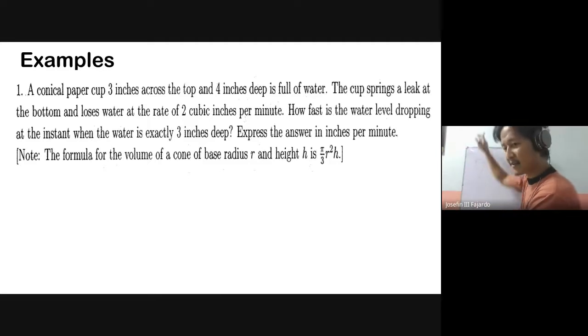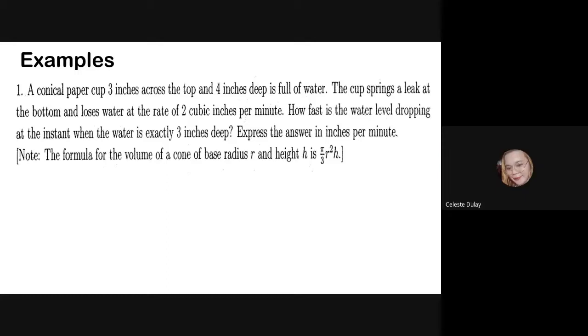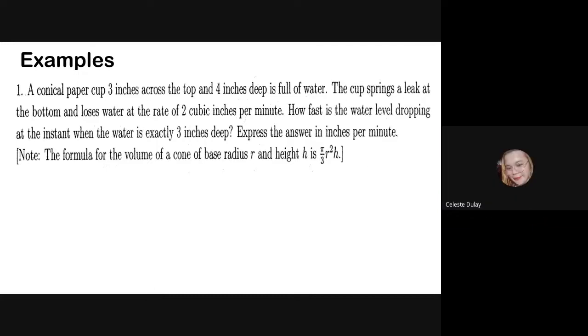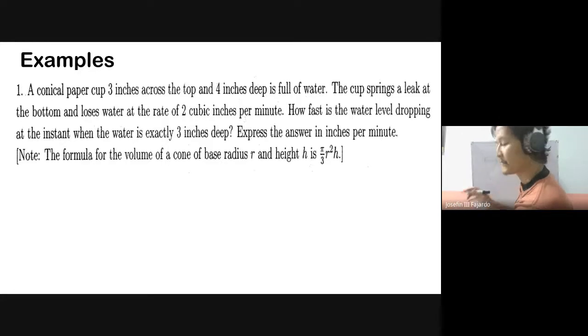Makikita ba? Sir, hindi lang po yung nakikita yan po. Paano ba? Parang ganyan, nakikita. Okay na po. Naglaroon kasi ng pamangkin ko itong marker. Kaya ayan, mahina. Ayan, medyo nakikita na.